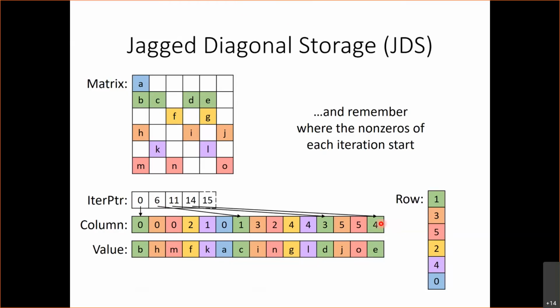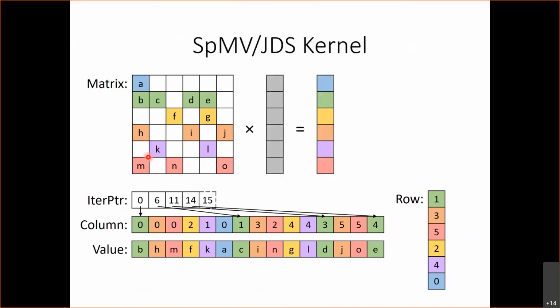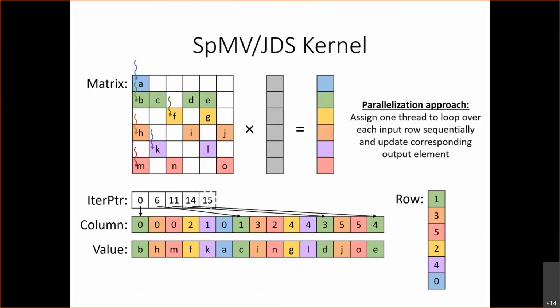Okay, so now let's see what happens. Now we're going to assign a thread to every row. So now that we want to do SpMV, we're going to assign a thread to every row. In terms of the access pattern, that looks like this. Thread 0 is responsible for this row over here, and I know that this is row 1 by looking at this permutation vector here.